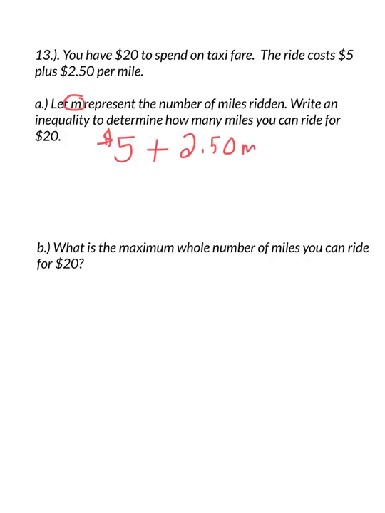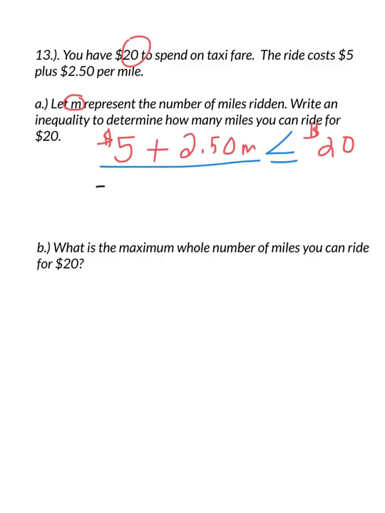And let's see. You have $20 that I have to spend. So this amount that I'm spending right here, that amount has to be less than or equal to $20 because that's all I have. I can't spend any more than $20. All right, so this would be the inequality. I'm going to rewrite it again.